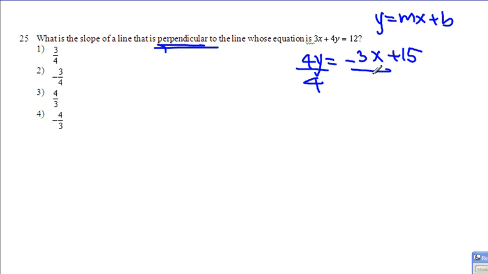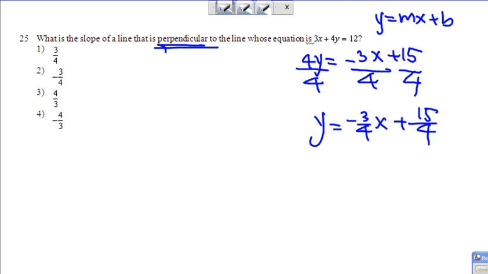Now, as you divide by 4, you will end up getting y equals negative 3 over 4 x plus 15 over 4. Here we realize this one is the slope, but we're looking for something perpendicular, so it has to be positive, meaning the reciprocal, 4 over 3, which would be our answer.